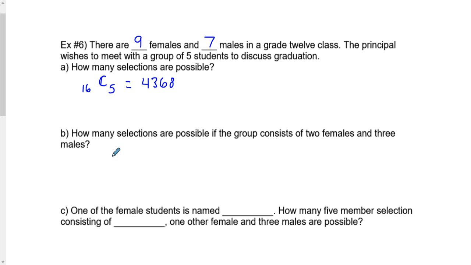If we add some extra requirements onto it, how many selections are possible if you have to have 2 females and 3 males? Well, let's change that around, because there's more females.